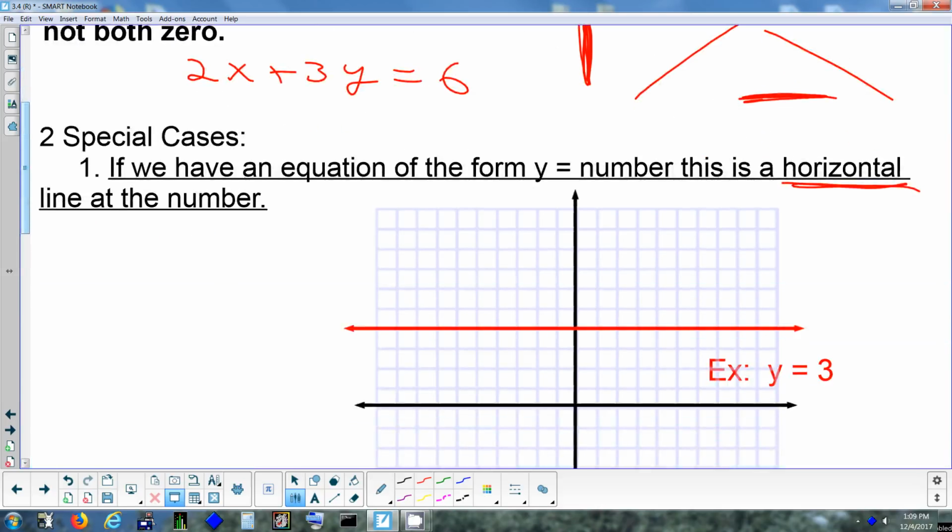Here's another one. This one is y equals 3. The first part right here, when it's just a y, where's the x in what I circled?